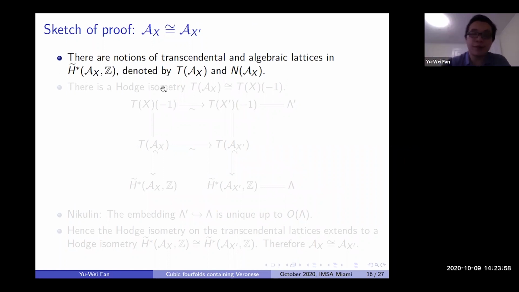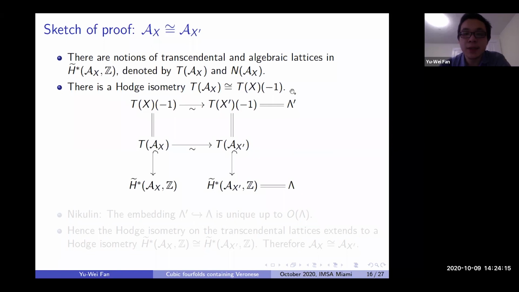I'm not going to recall the definition, but they were denoted by T and N. And there's a Hodge isometry between the T of the K3 category and the transcendental lattice of X after a shift. And so we have this diagram, right? This is what we have from the blowup formula, okay? And they can be identified with the transcendental part of the Mukai lattice.